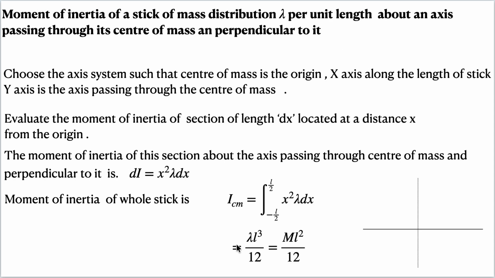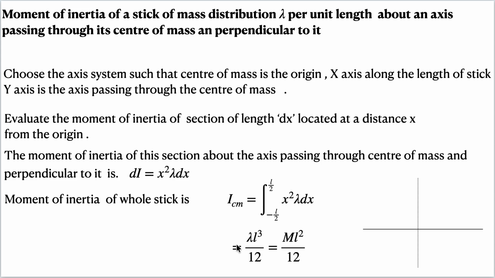Moment of inertia of a stick of mass distribution lambda per unit length about an axis passing through its center of mass and perpendicular to it. Let's choose the axis system such that the center of mass is the origin, x-axis along the length of the stick and y-axis passing through the center of mass.